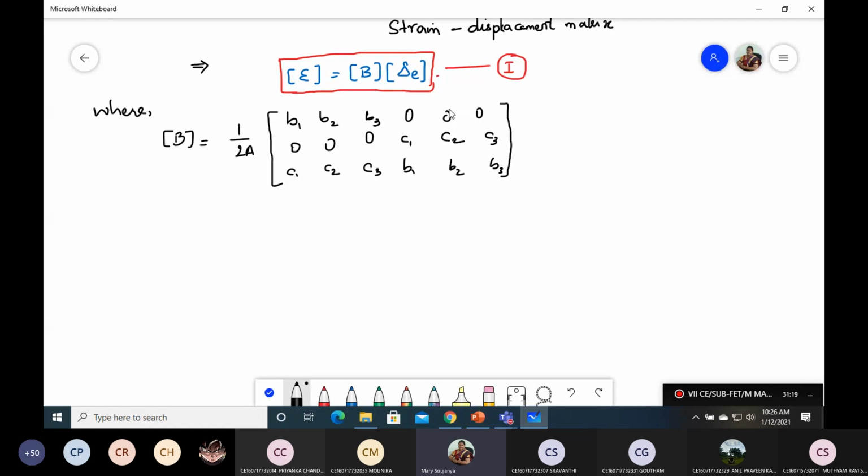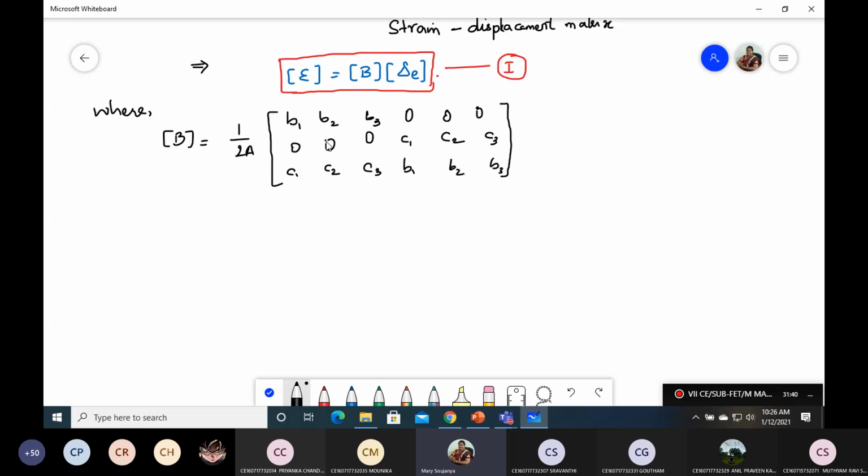Now, either you can try and remember what is B1, B2, B3, C1, C2, C3. However, for shape functions of a CST element, we know what are all these terms. From the determinant of that 3 by 3 matrix, we got all these values. Determinant, not inverse, adjoint, from the adjoint matrix.